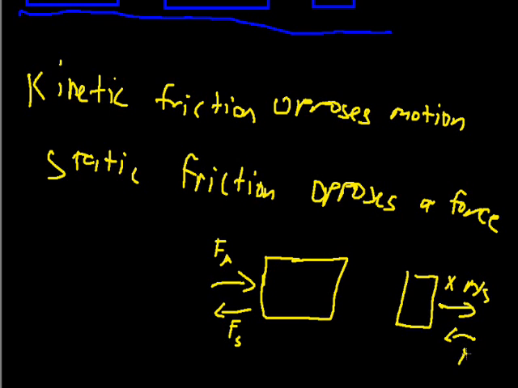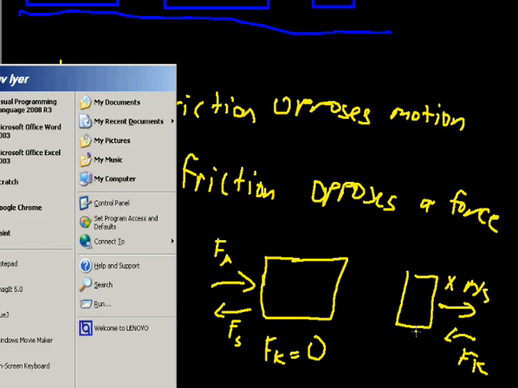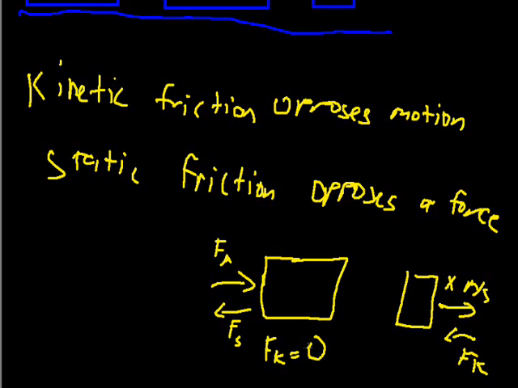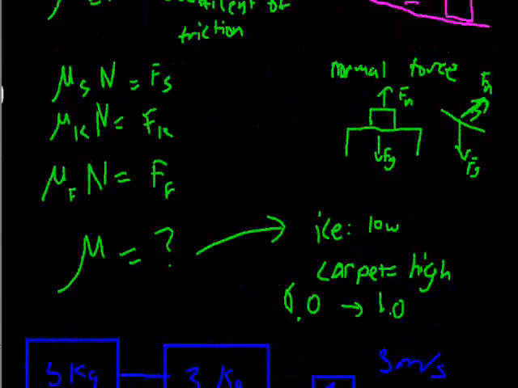The friction F of k is going to be this way, but there's no F of k at this point, it is equal to 0, and if we look here, the kinetic friction is essentially 0, and if we look here, the static friction is 0. So that's very important to know how to calculate friction.